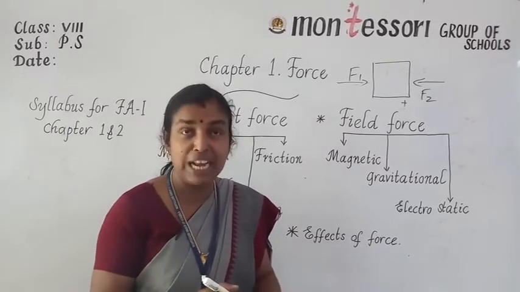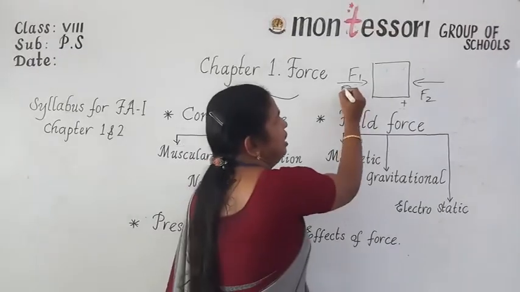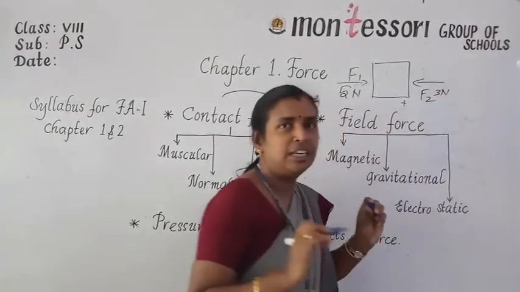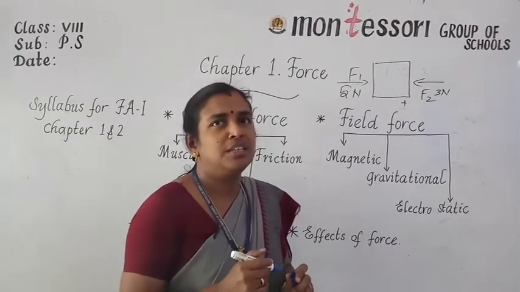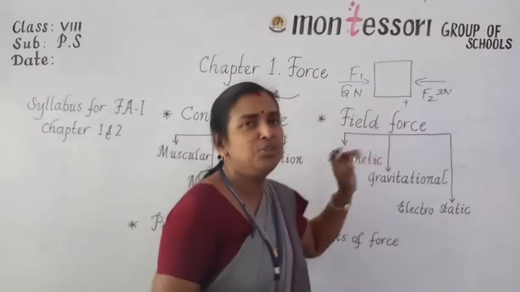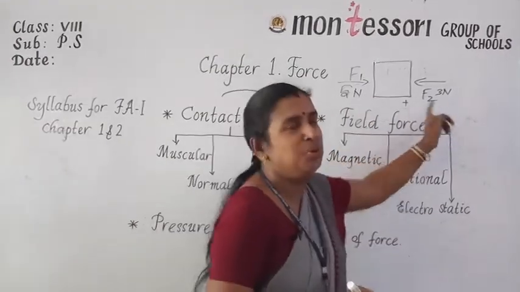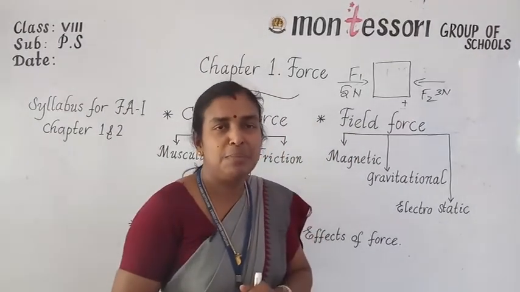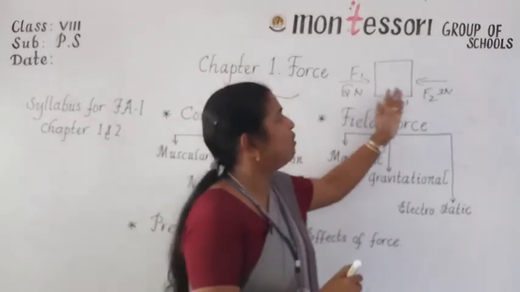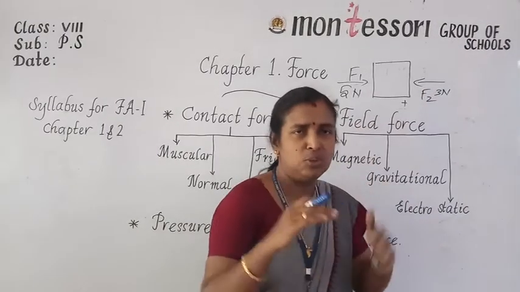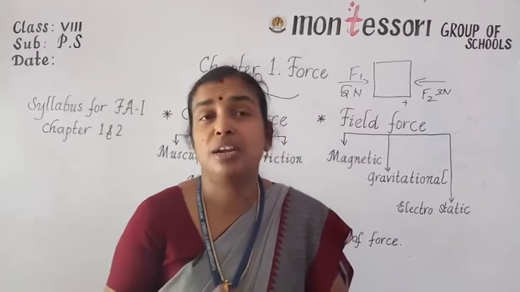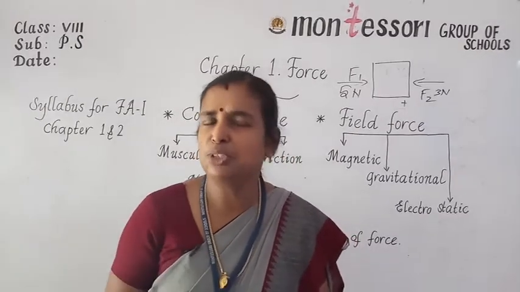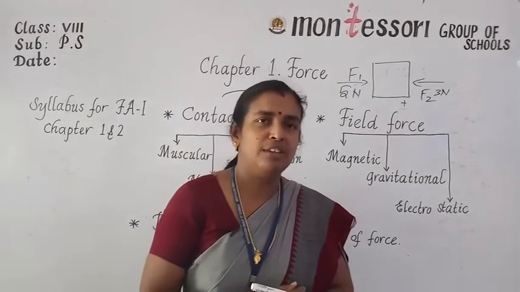While coming to the calculation, if you give here, suppose, 5 Newton, here 3 Newton, just subtract 5 Newton minus 3 Newton, net force is 2 Newton. That means when they give values while doing problems, you subtract the smaller number from the bigger number, and that will give you the net force.